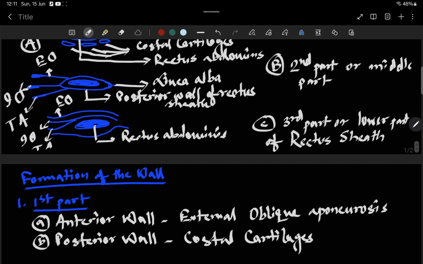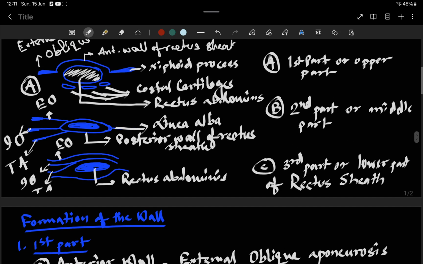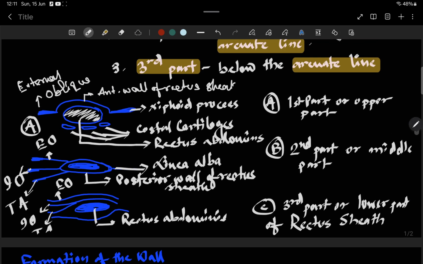Here you can see the anterior wall is the external oblique muscle, and the posterior wall is this. These are the costal cartilages.